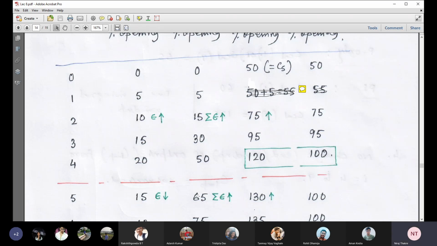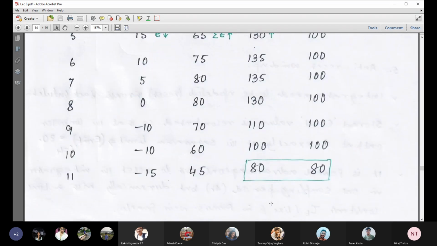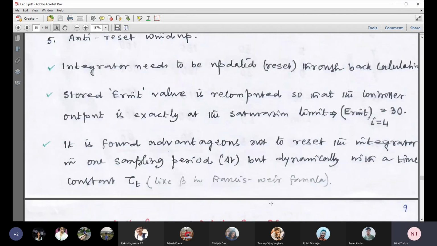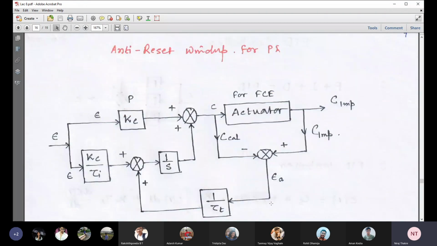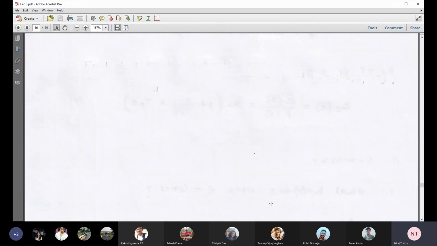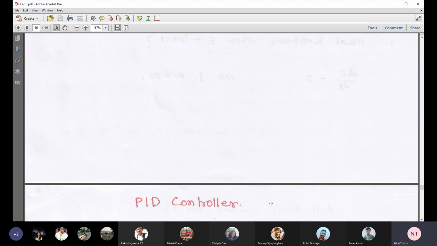Then it also becomes 100 because 35 plus 15, that is 50, plus CS, so it is coming also 100. So this is all about anti-reset windup, and I'm not going to complicate it again because the structure and some explanation are also there.